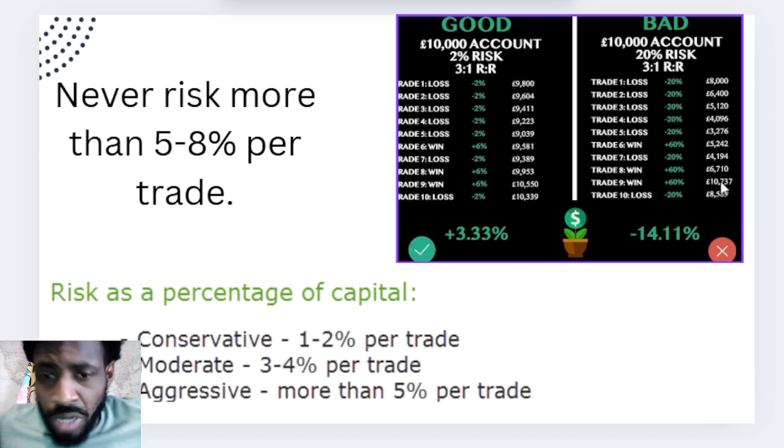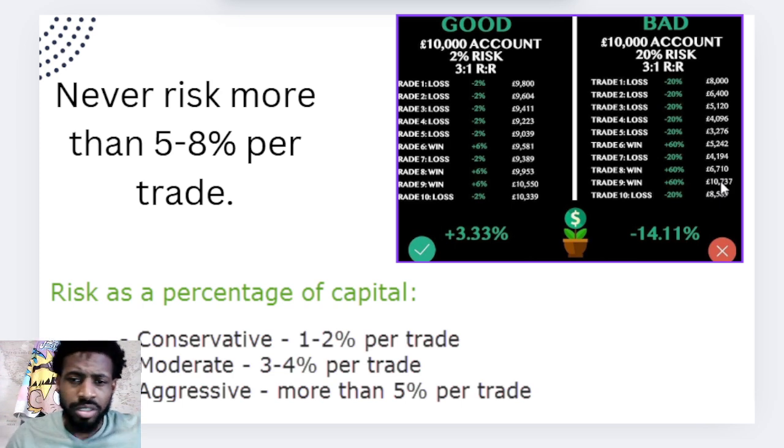Knowing how much you're risking is very important. You don't want to risk a lot. This is why conservative traders have a better chance of being consistent than the aggressive trader. And I understand that.